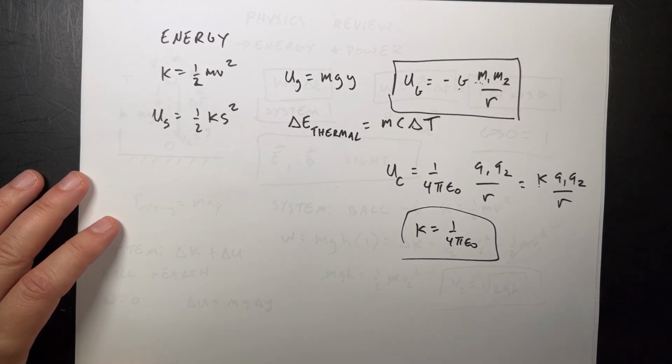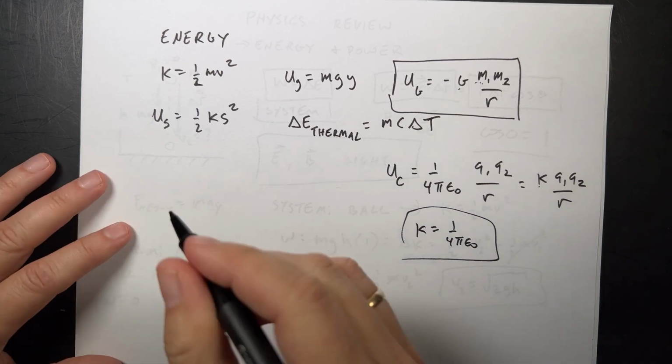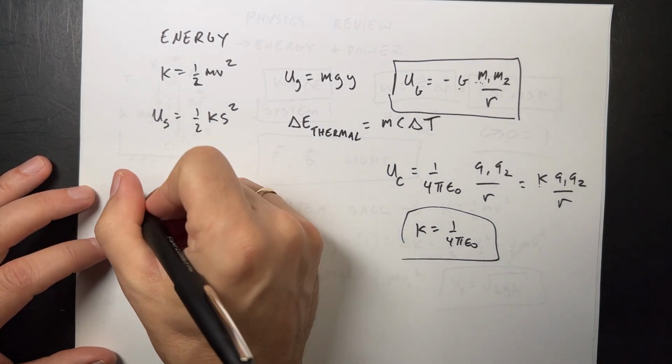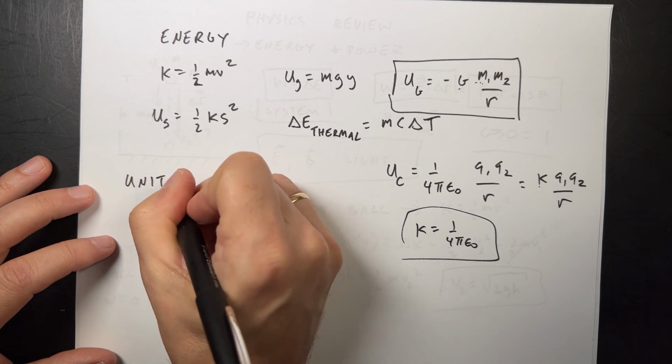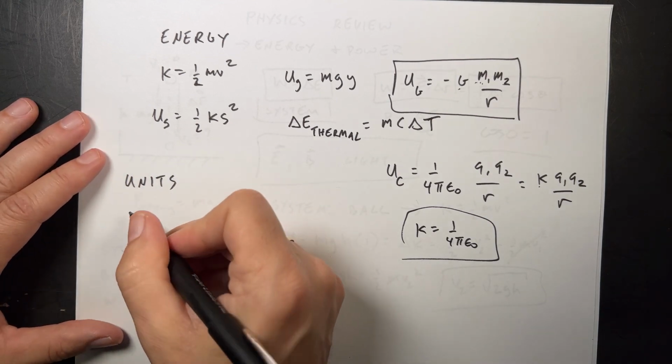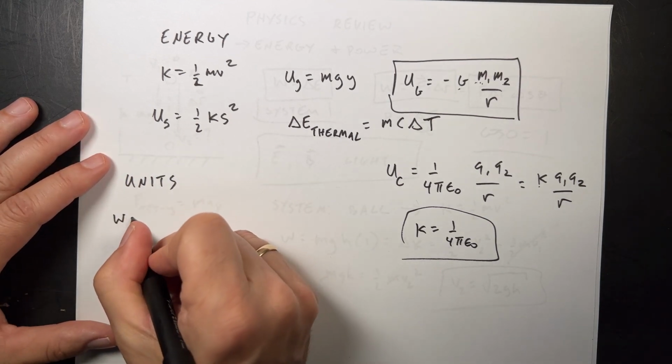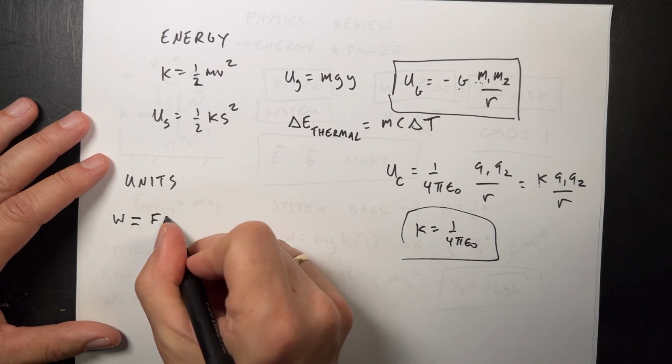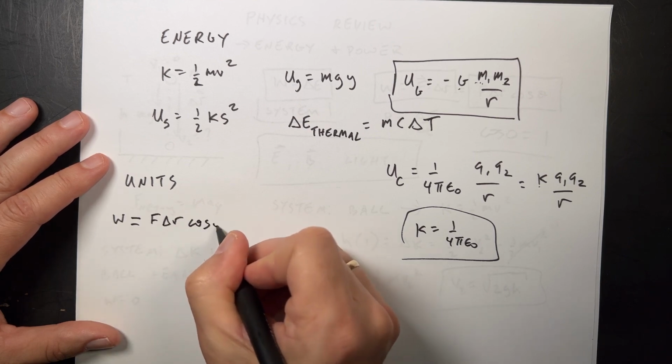Okay, so that's energy. I'm doing this quick, right? This is not a full lesson on energy. Let's talk about units, because that is important. If I have work, let's say it's F delta R cosine theta.